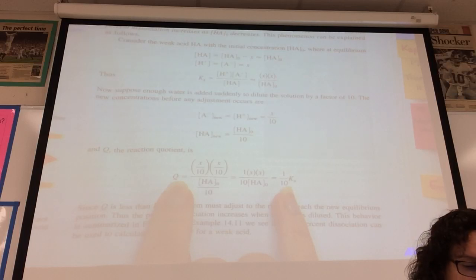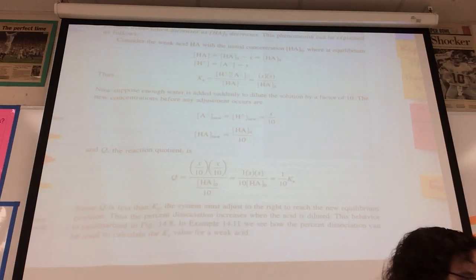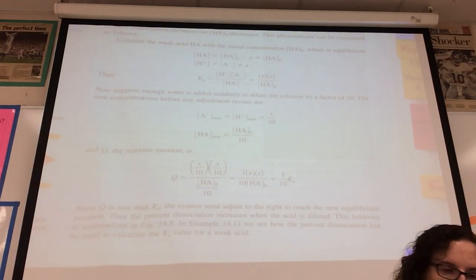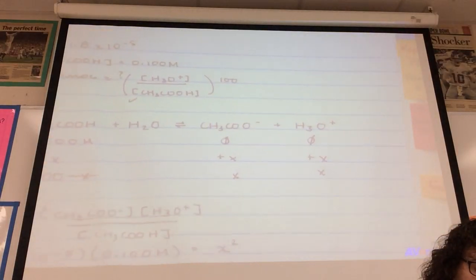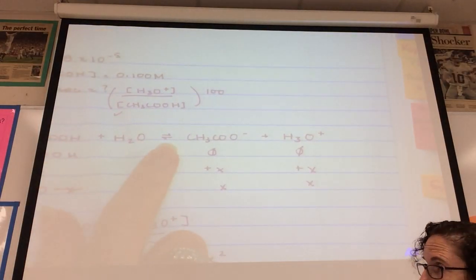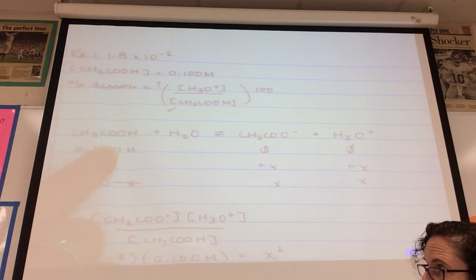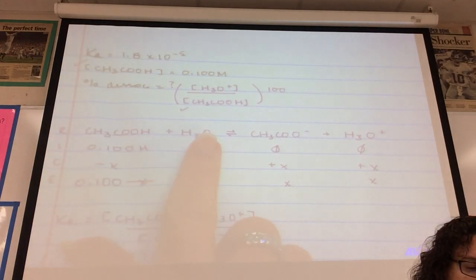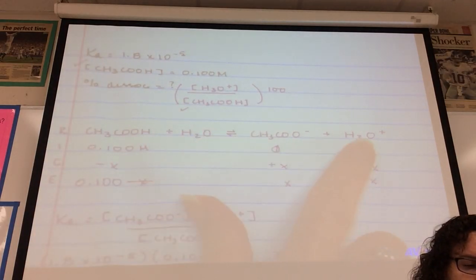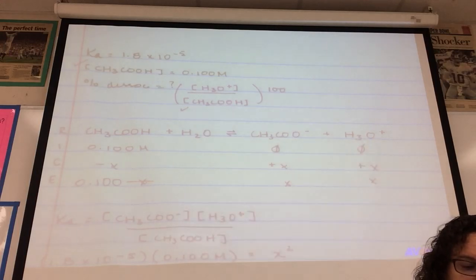Forward reaction. So if the forward reaction is favored, will the percent ionization increase or decrease? The forward reaction is favored, you're going to generate more of this, and so the percent dissociation will increase.